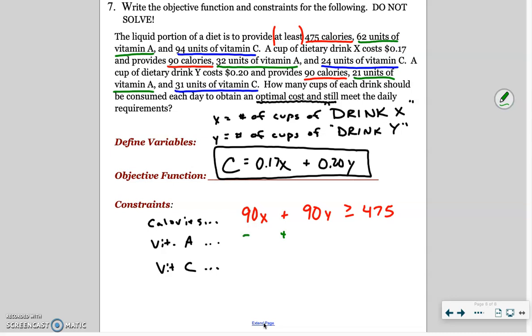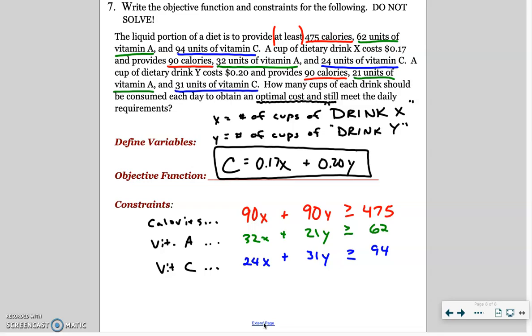We are going to obtain 32 units per cup of drink X and 21 units per cup of drink Y. We have to have at least, so greater than or equal to, 62 units of vitamin A. For vitamin C, what we have underlined in blue, each cup of drink X is going to provide 24 units of vitamin C. Each cup of drink Y is going to provide 31 units. We have to have at least, so greater than or equal to, 94 units of vitamin C.